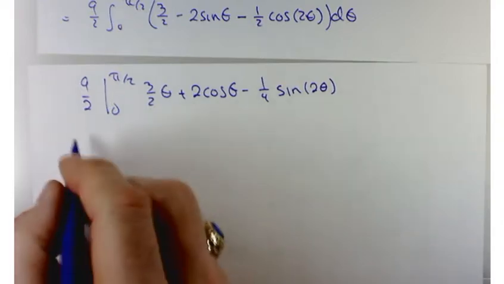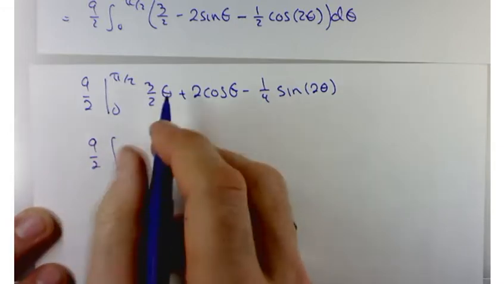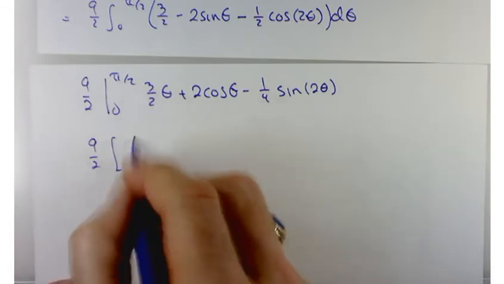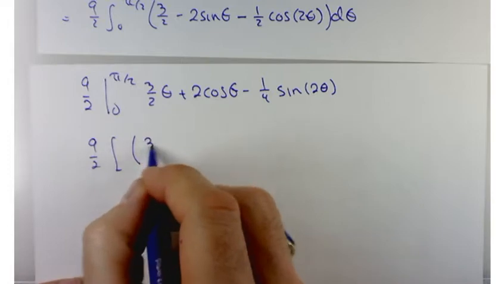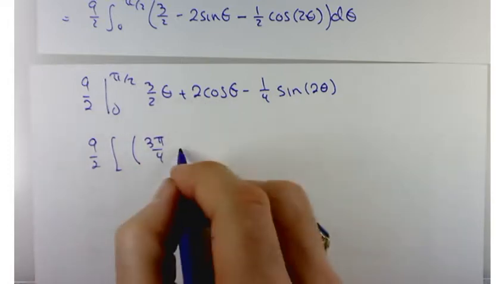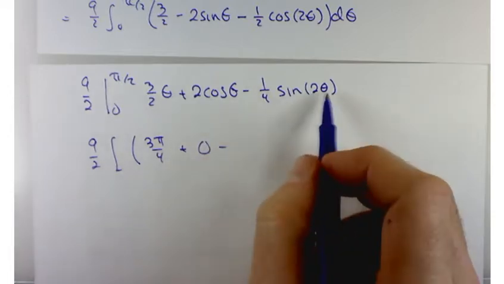Okay, so let's continue. 9/2 times plugging in pi over 2, I'd end up with 3 pi over 4. Cosine at pi over 2 is going to be 0. 2 times pi over 2 is pi.